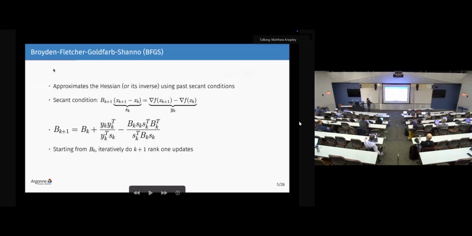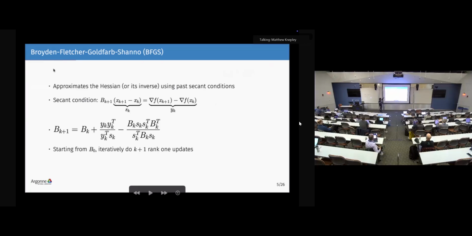BFGS approximates Hessians using past iterates and the past secant conditions. By secant condition I mean something that satisfies this condition, where your matrix times the difference in your current and previous iterate equals the difference in gradient of your current and previous iterate.